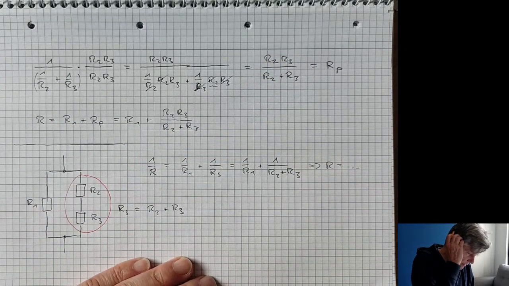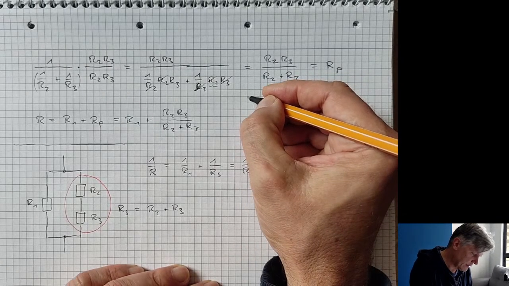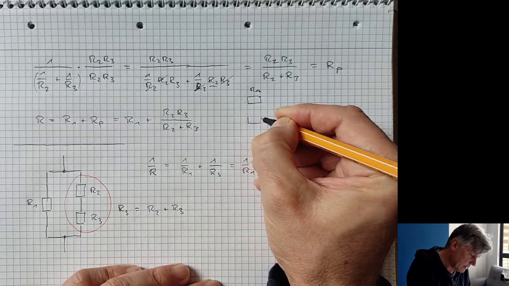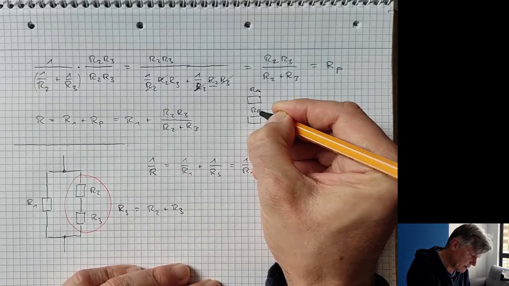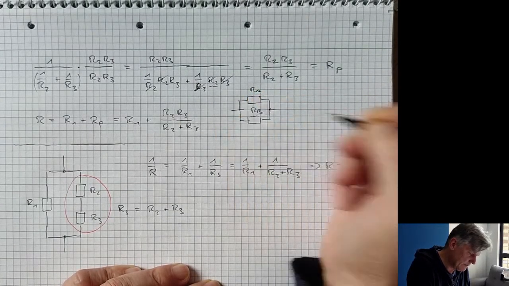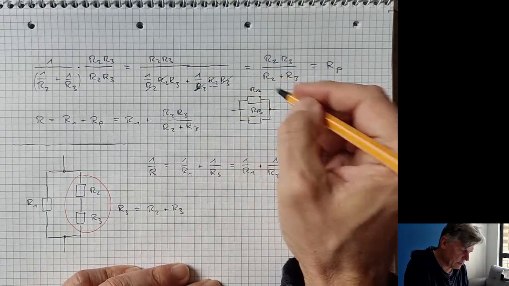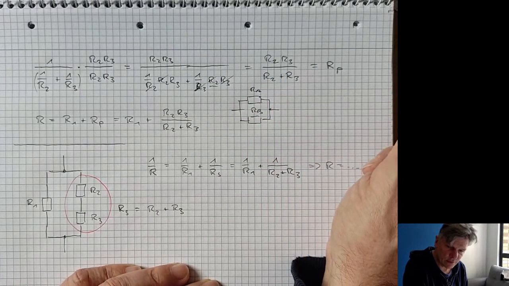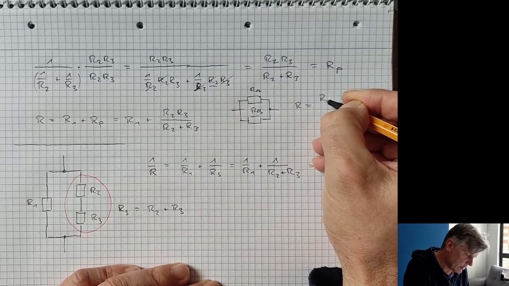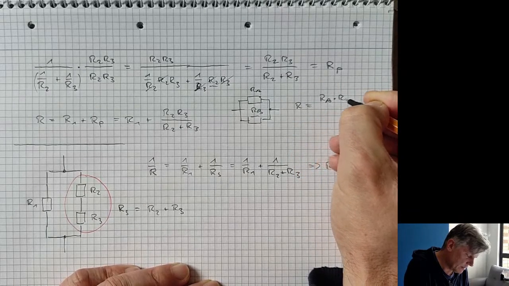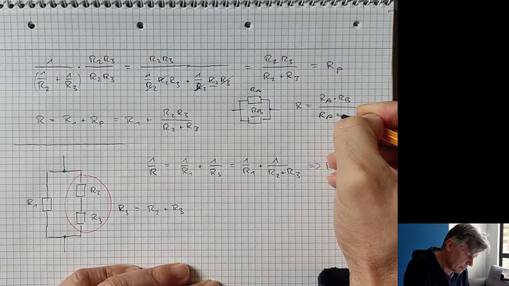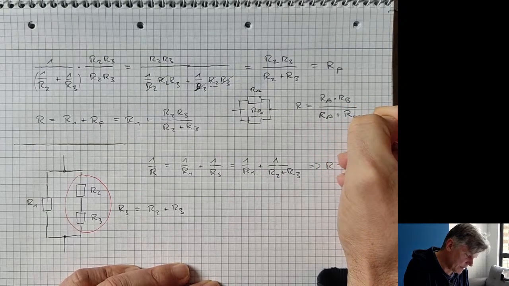So, okay, if you have two resistors RA and RB, let's say this is RA and this is RB, and you're combining them in parallel, then the total resistance, the effective resistance of this simple network would be R is RA times RB divided by RA plus RB.